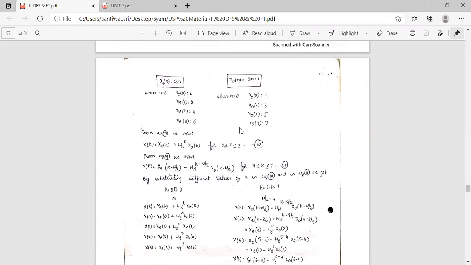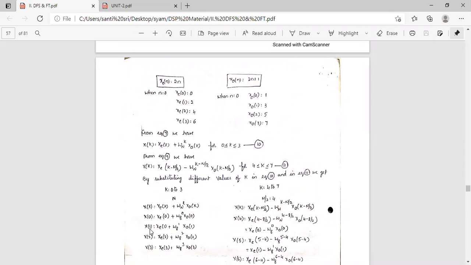So substituting these 0 to 3 values in equation number 10, we will get x of k equal to xe of k plus wn power k into xo of k. If k is 0, then x of 0 equal to xe of 0 plus w8 power 0 into xo of 0.